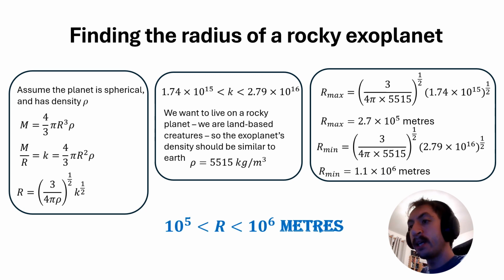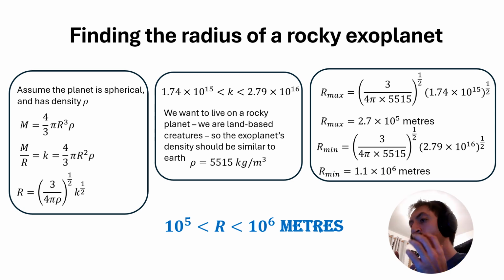And so putting that together, we have a range of possible radiuses for our exoplanet, which lie, to within an order of magnitude, something like the size of the Earth at the upper end of our range, down to a tenth of the radius of the Earth.